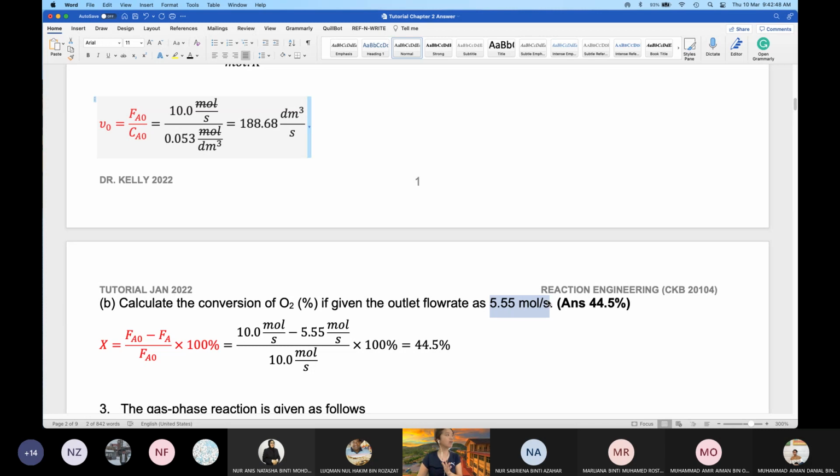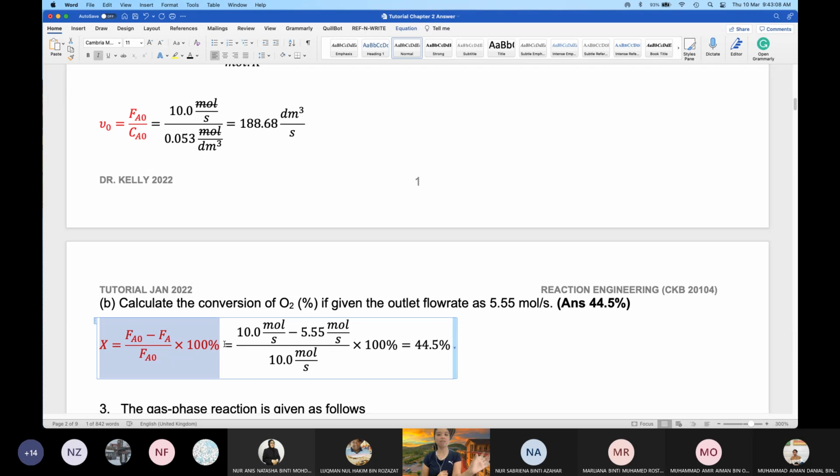So kita tadi dah tahu FA0 kan, dalam soalan FA0 given as 10 mole per second. Tu initial molar flow rate. Part B ditambah lagi, dia beri kita outlet molar flow rate. Kita tahu FA0, kita tahu FA. So we can directly find the conversion lah, straightforward. Conversion equals to in minus out divided by in.